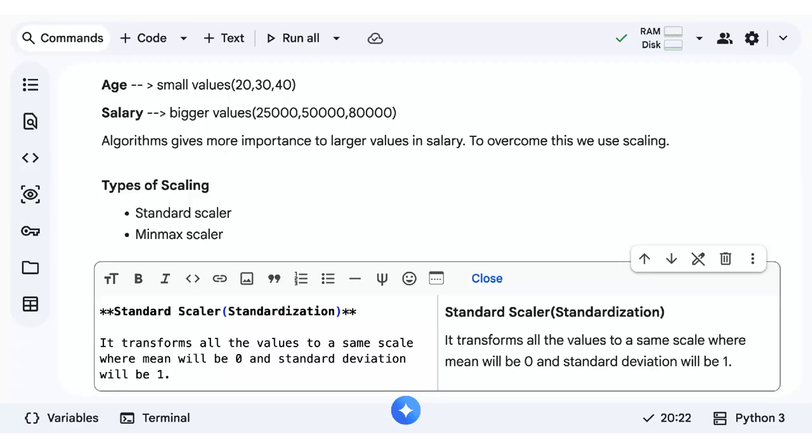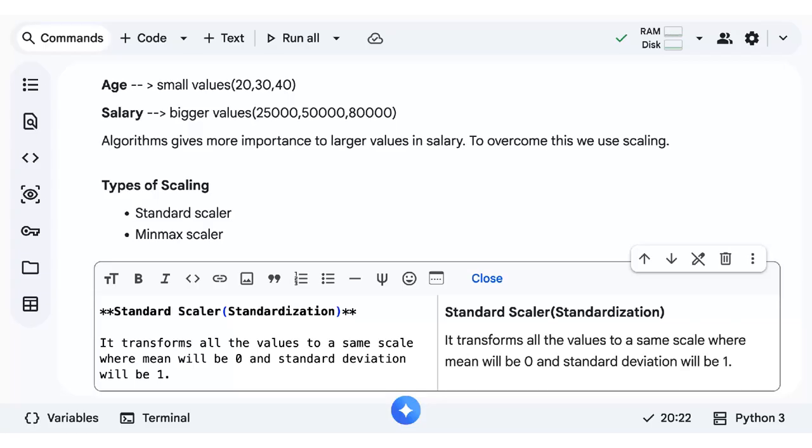We also call it standardization or a standard normal distribution. Normalization is different. What is normalization? Min-max scaler, I'll come to that. Okay. Is this clear? Understood?